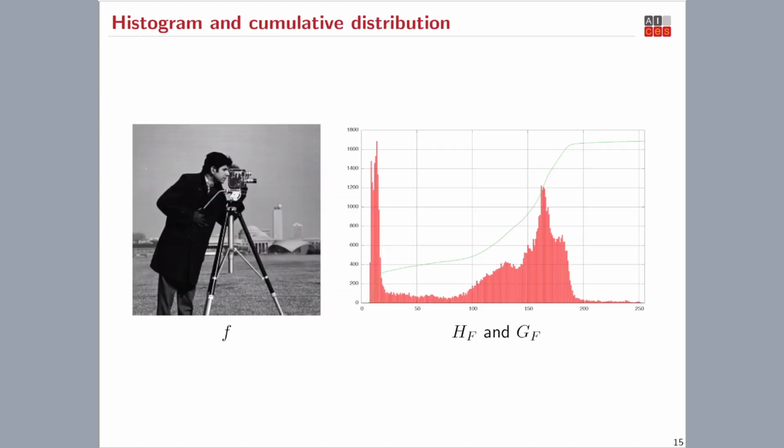We don't know yet what GF is, but we can now see what HF is. You can see there are a lot of very dark pixels on this cameraman, and that you can see in this red histogram. There are high peaks for these small gray values. The height of these bars means the number of pixels that have exactly that value. You can also see that the background, which has a bright grayish value, is also visible as a peak in the histogram.